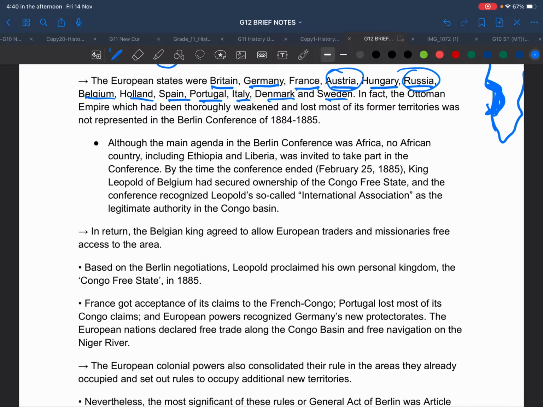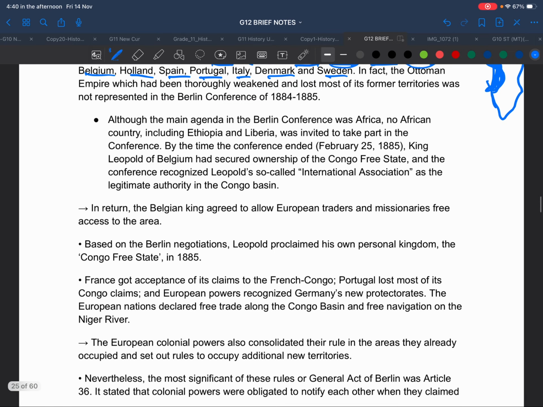In fact, the Ottoman Empire, which had been thoroughly weakened and lost most of its former territories, was not represented in the Berlin Conference. Ottoman Turkey was not invited.